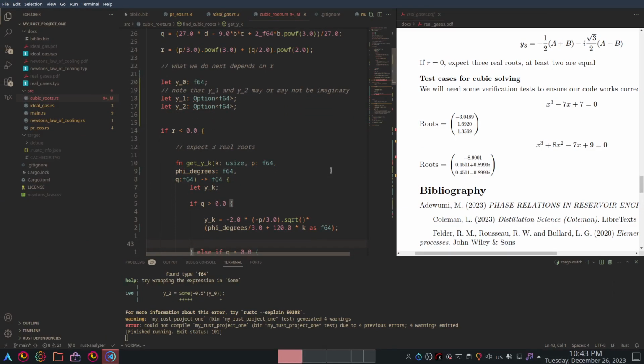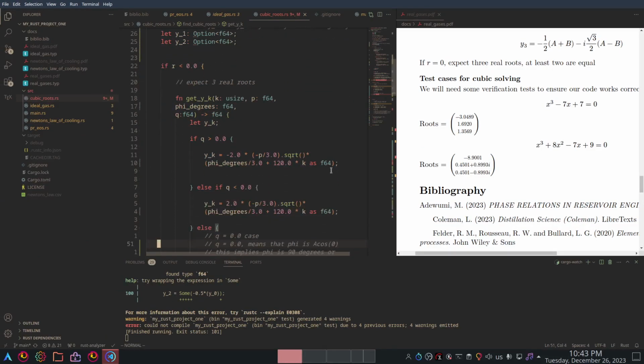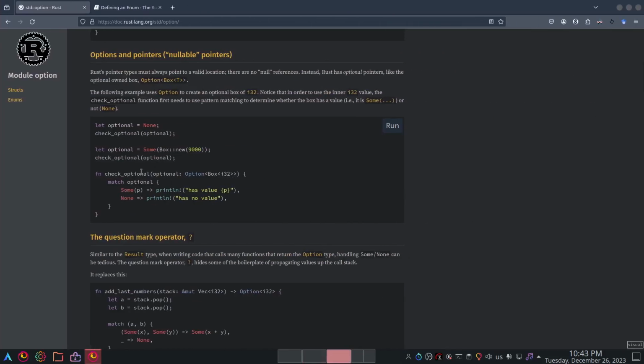The Option enum is basically our way of expressing that sometimes y1 exists and sometimes it doesn't. So when it doesn't exist, you use the None keyword to tell it that this y1 does not exist.